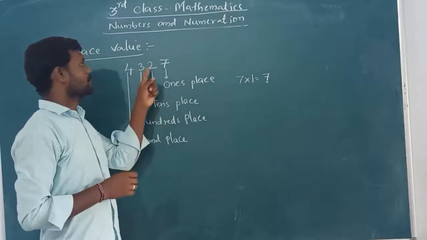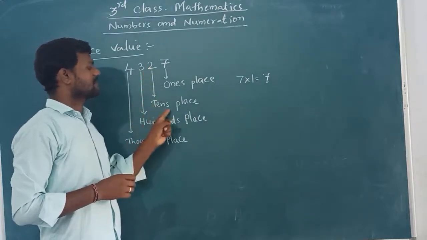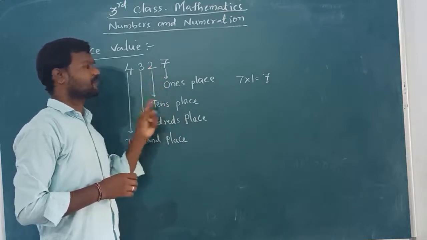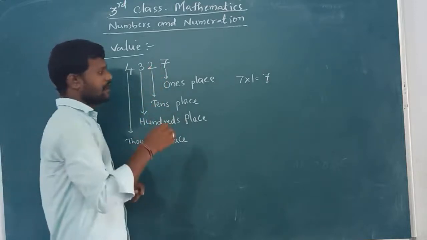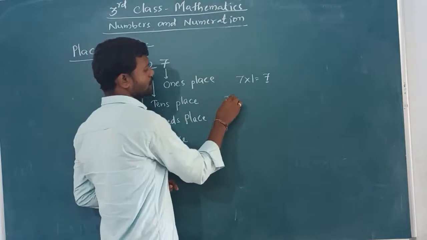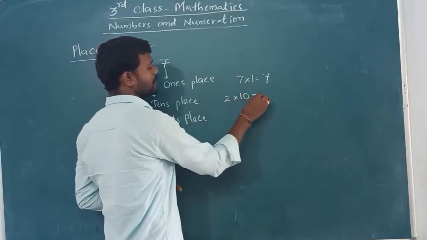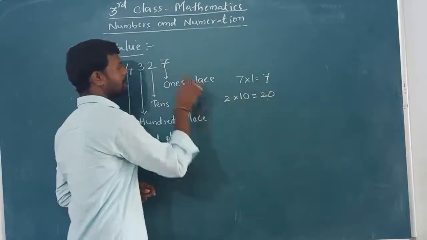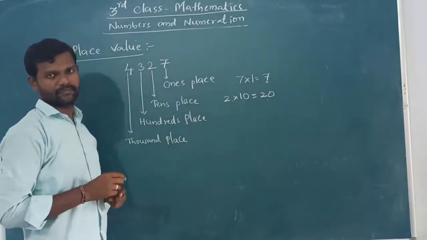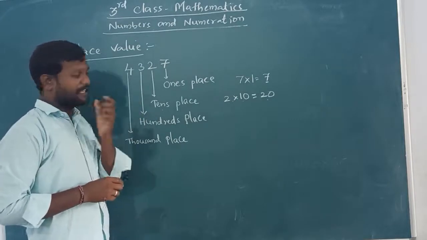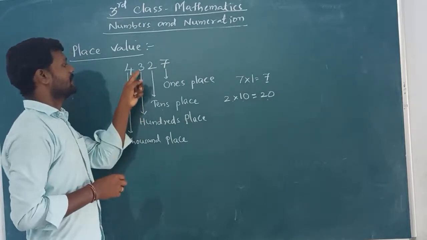Next, 2 is in which place? Tens place. So what is the place value of 2? 2 tens are how much? 20. 20 is the place value of 2 here. Now what is in hundreds place? 3.